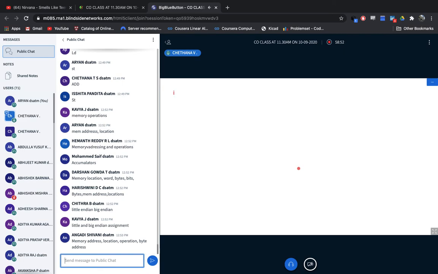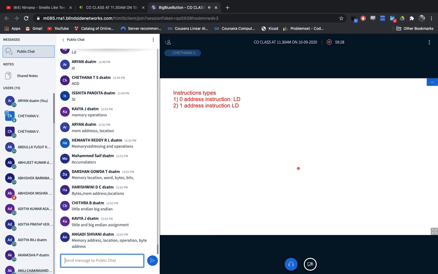Instruction types. So how many zero address instructions? Zero address instruction, okay. Which example, load or store, like that. Second one, one address instruction. What's the example we have given? Load, yeah, load LOC, like that.